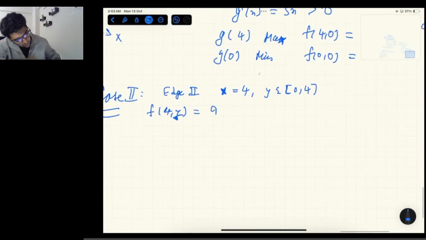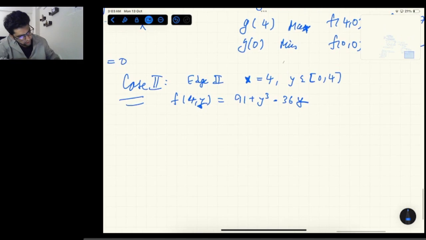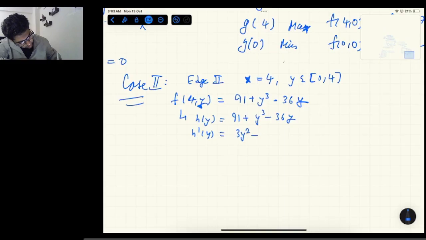So this becomes 91 plus y cube minus 36y. I can write this function as h of y. So h of y comes out to be 91 plus y cube minus 36y. So h dash y becomes 3y square minus 36.